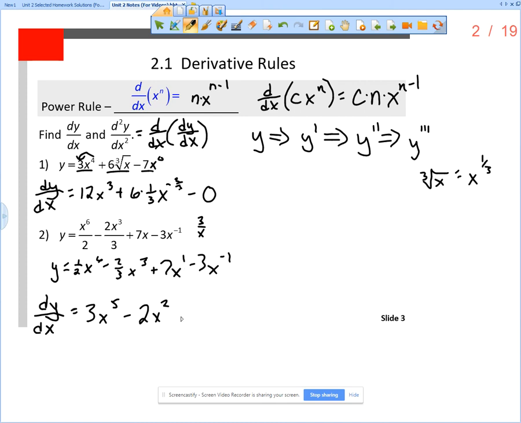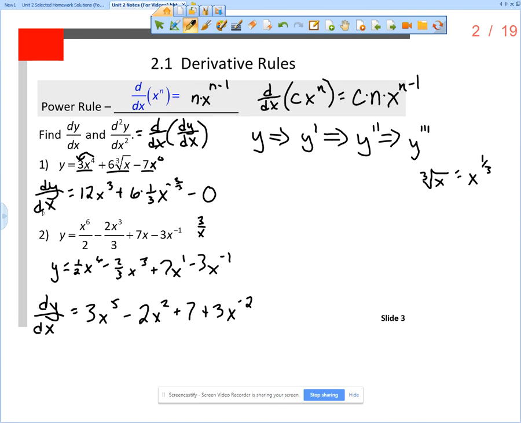So I bring the 1 and multiply by 7, so that'd be 7x to the what? We reduce 1 by 1, so we get x to the 0. x to the 0 is just a constant, so we leave that alone. And then minus, now I have 3, and I'm going to multiply by -1, so that becomes plus 3x to the, now I'm going to reduce -1 by 1, so that becomes -2.